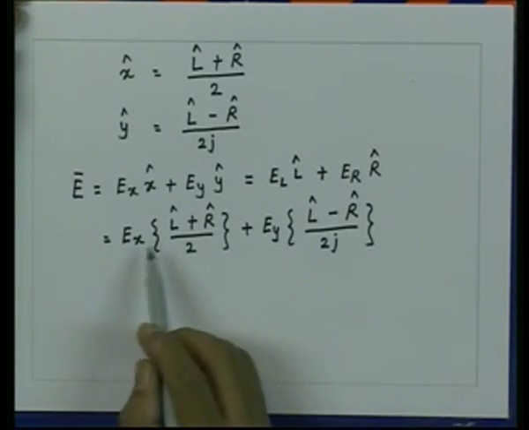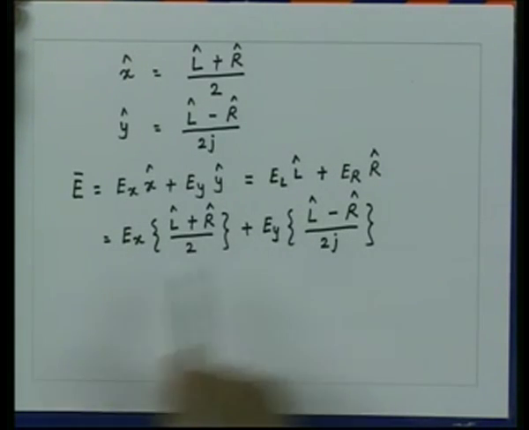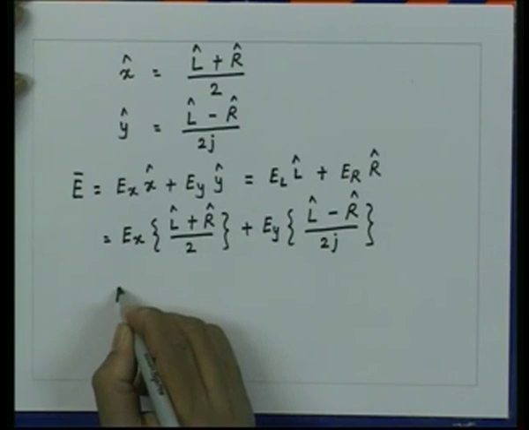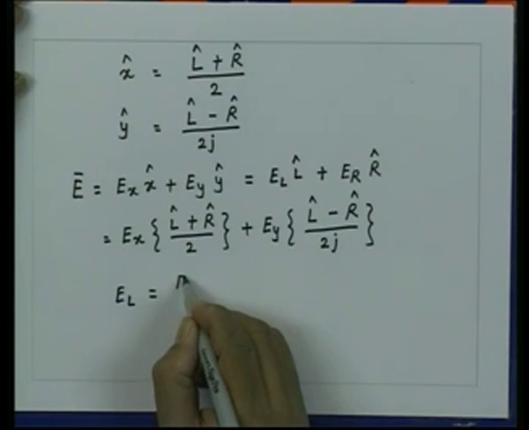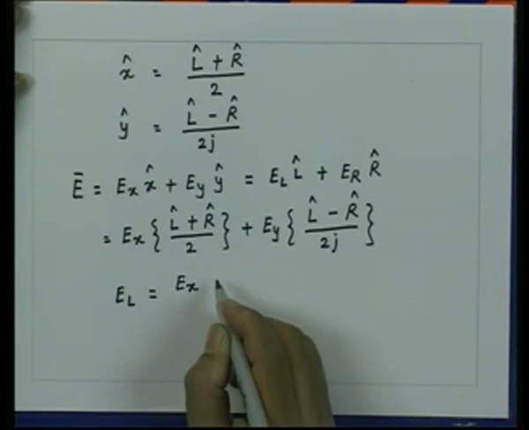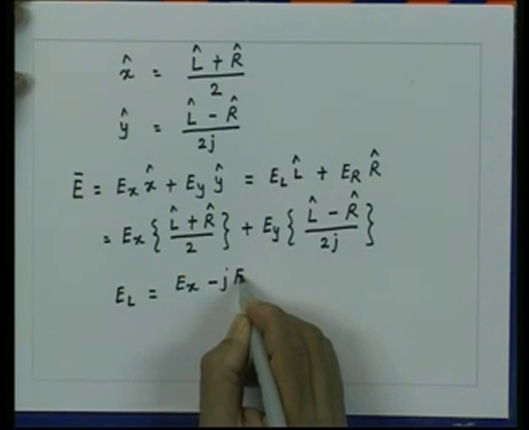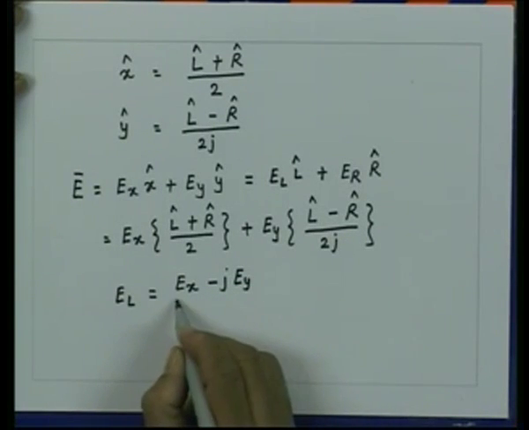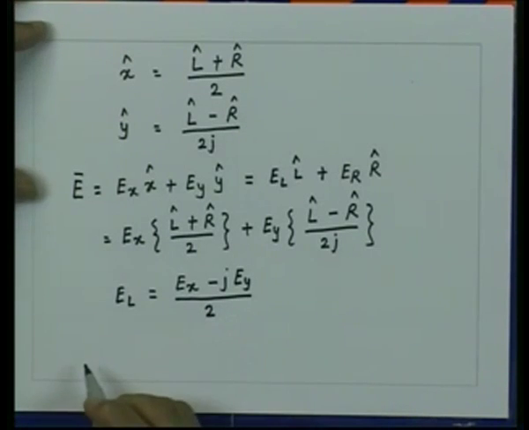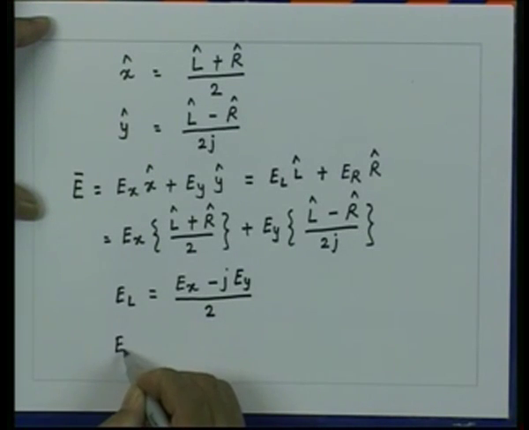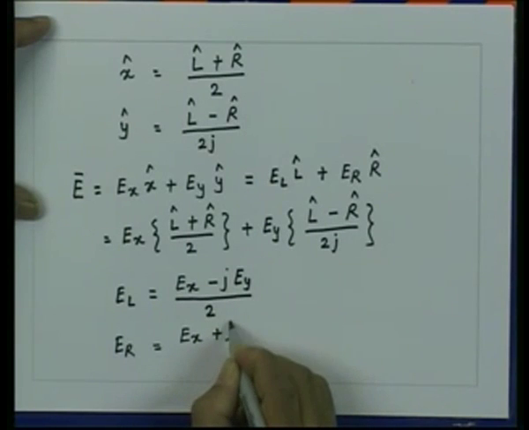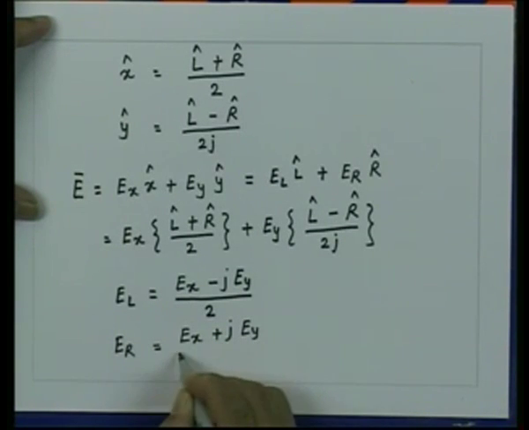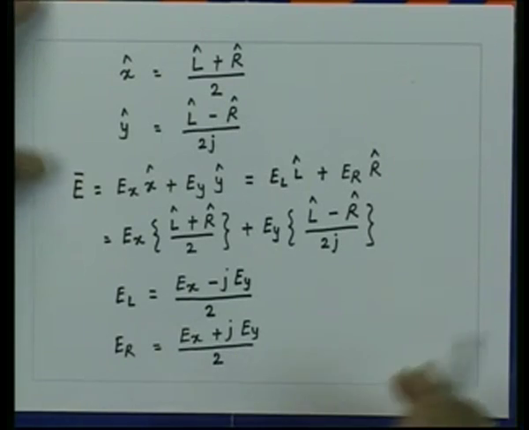So, separating the components corresponding to L and r, essentially we get E L is E x minus j E y upon 2, and E r is equal to E x plus j E y upon 2.